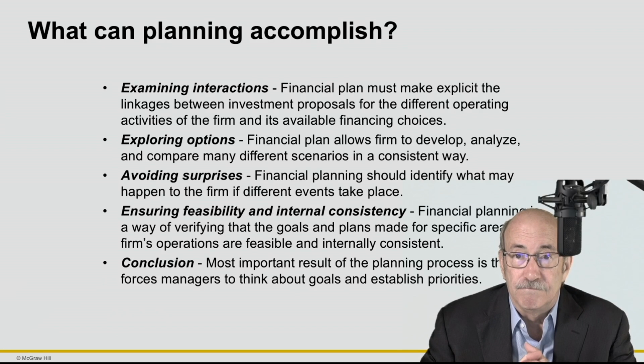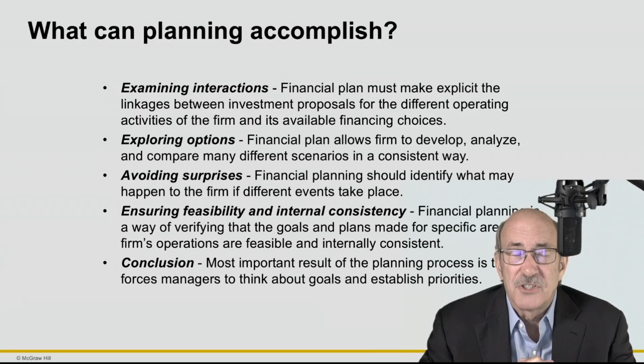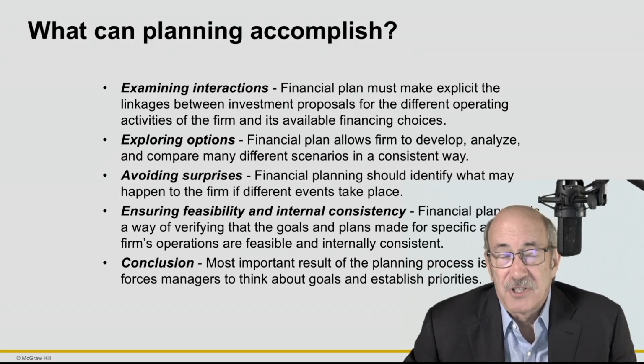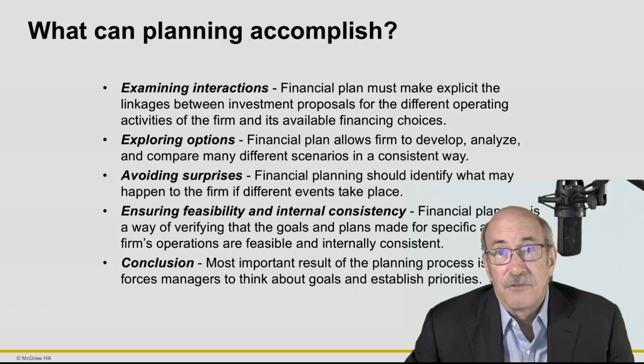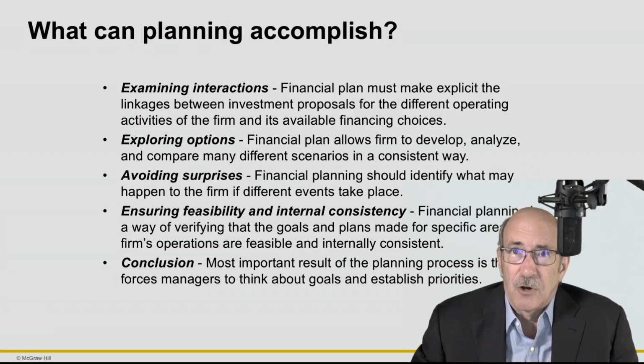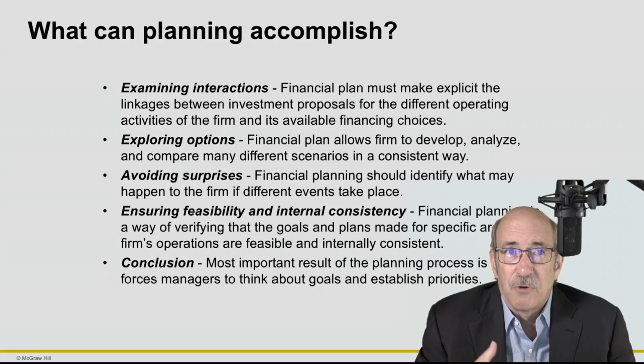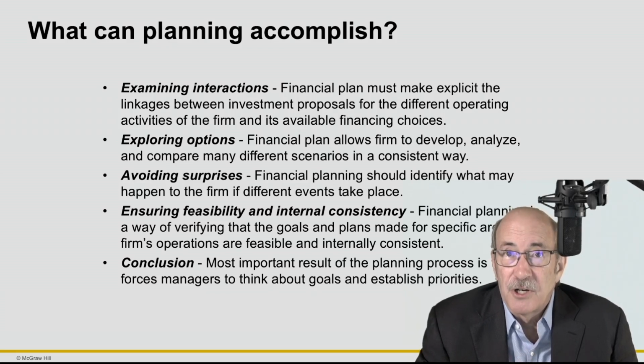We want to examine the interactions between the various accounts on our balance sheet and our income statement. This is crucial, and we're going to start with a very naive percent of sales growth pro forma financial statement, which doesn't really correctly acknowledge the interactions.